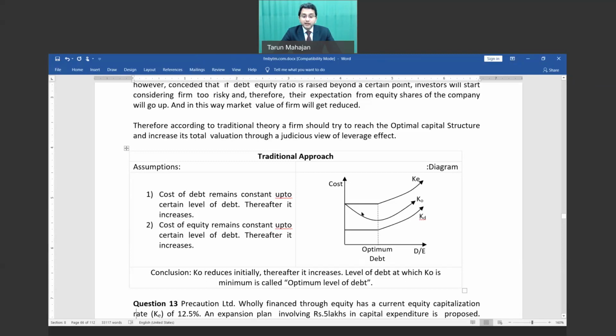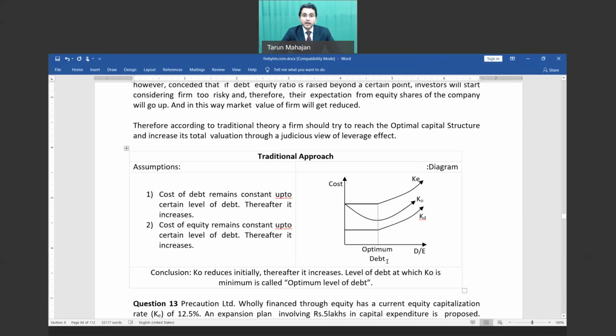So, if KD and KE both remain constant, with increase in debt, overall cost of capital keeps on reducing. But when both cost of debt and cost of equity increase, then overall cost of capital also starts to increase. So there is one point where overall cost of capital is at minimum level, and that level of debt is named as optimum debt.